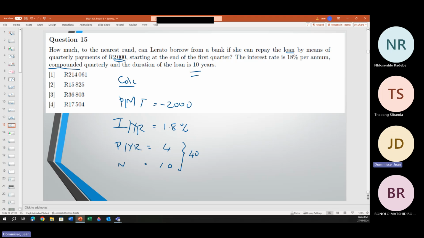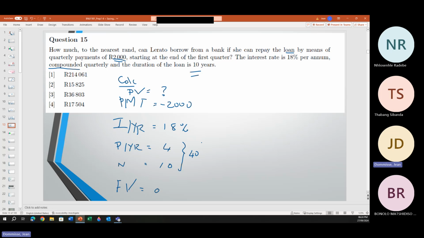So what else do we need to know? We're going to work out the present value that she can borrow. The future value will be equal to 0.